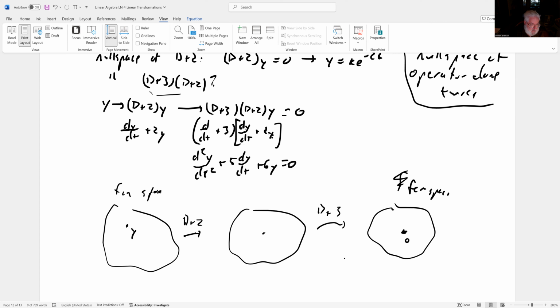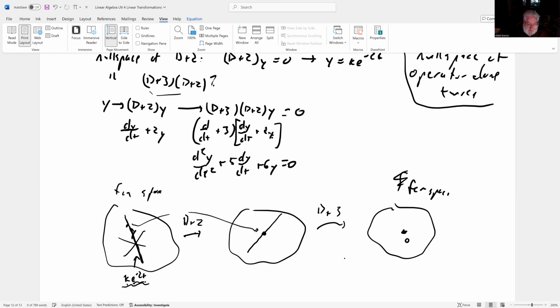Well, if I take the line k e to the minus 2t, right? So there's a vector in the null space and then the span. We know that all gets mapped to 0 here. So this is in the null space. And then if we take d plus 3 mapping to 0, so this whole null space gets mapped to 0.